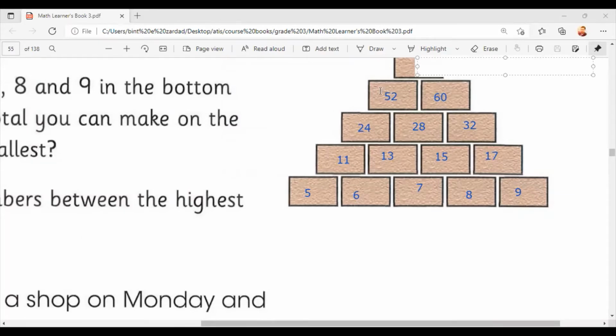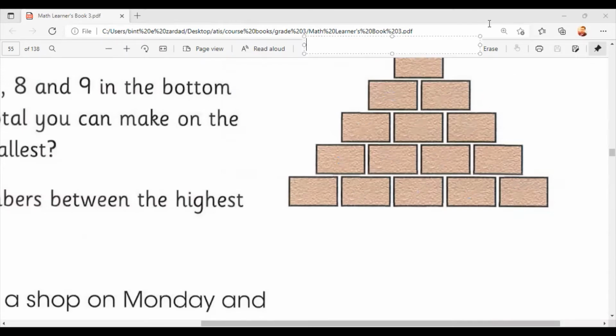After this, we write here 0 plus 2, 2. 6 plus 5, 11, 100, 11. Like this, we can complete this.